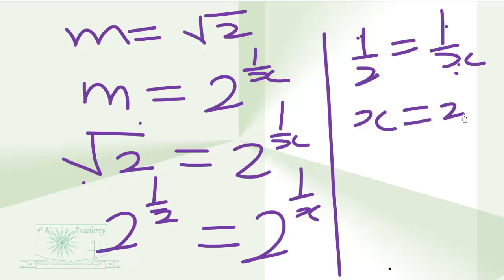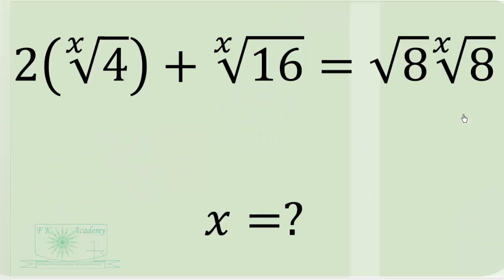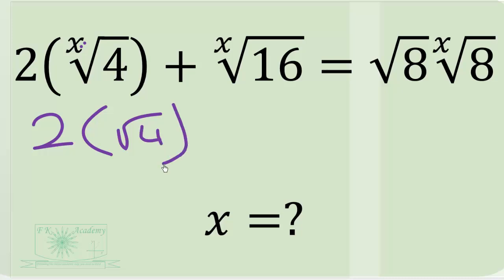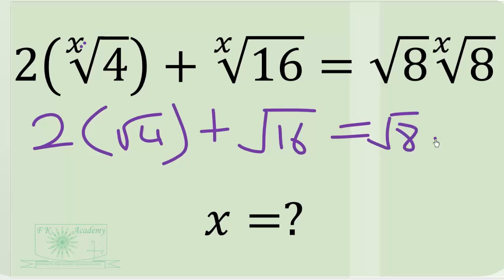Now let us check and see if x equal 2 satisfies the equation. Remember that when x is equal to 2, it means it is a square root. So we have 2 times square root of 4 plus square root of 16 is equal to square root of 8 times square root of 8.